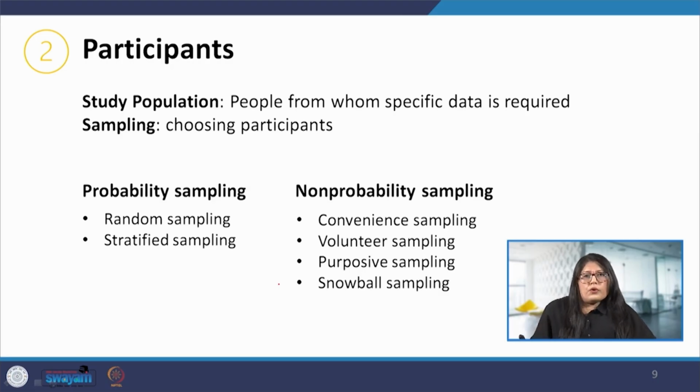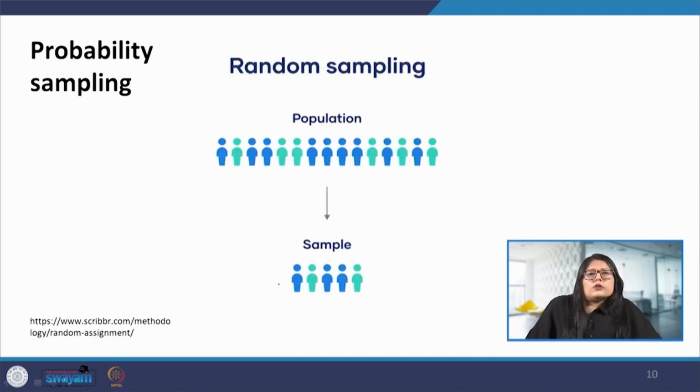There are 2 types of sampling techniques, probability sampling and non-probability sampling. In probability sampling, the most commonly used approaches are simple random sampling and stratified sampling. And in non-probability sampling, the most commonly used ones are convenience sampling, volunteer sampling, purposive sampling and snowball sampling.